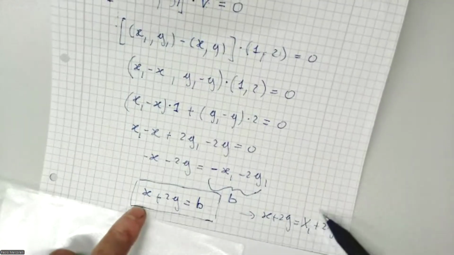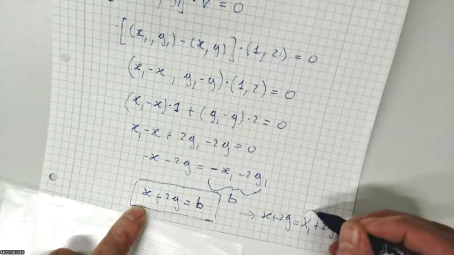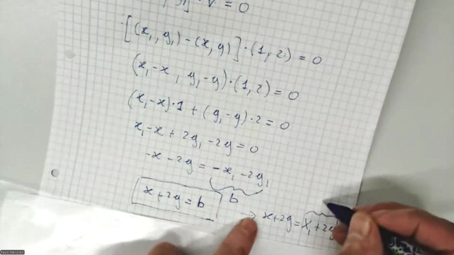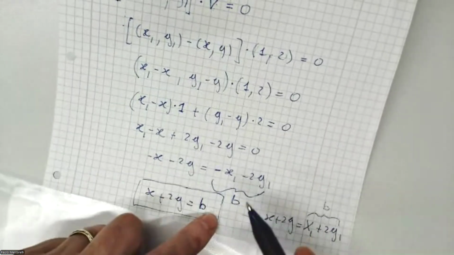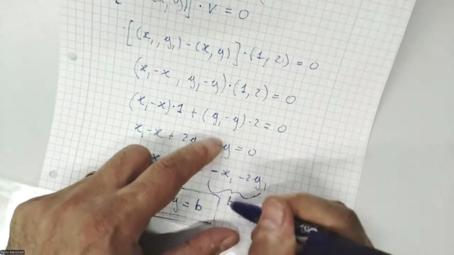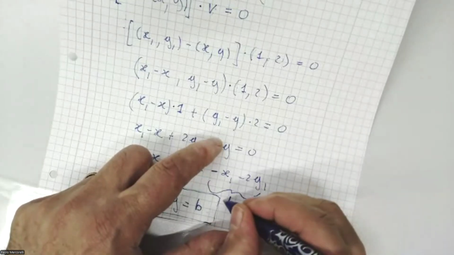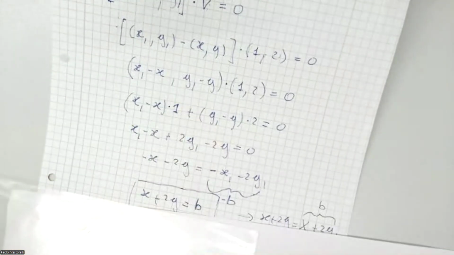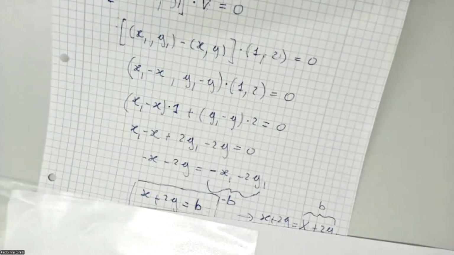This should be called B now. Excuse me for the confusion. This is not exactly B. Minus B, right? Let me write minus B. Now you agree, no? At home, please play at home. Try to verify. Let me upload.